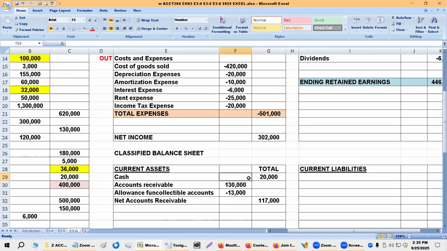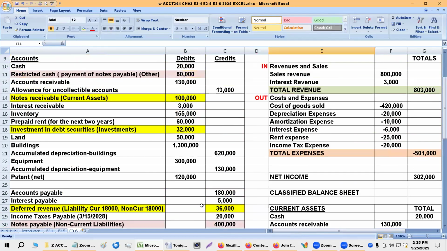Notes receivable, current asset. I think the rest of these we can copy. Oh, wait, prepaid rent. We gotta do something with that one. I'll copy the easy ones down and then we'll look at that prepaid rent. Notes receivable current, interest receivable will be current, inventory will be current.